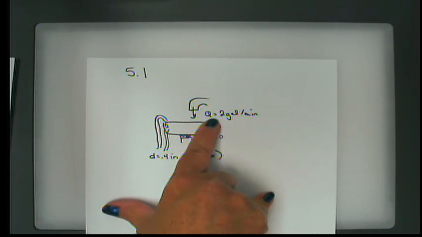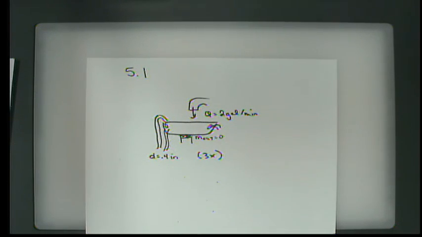We have the faucet where we're getting 2 gallons per minute, and we have 3 overflows. So what are we basically saying?